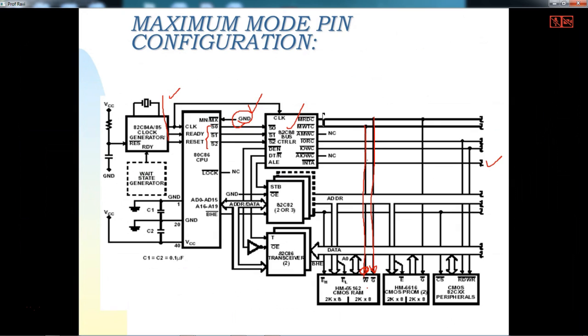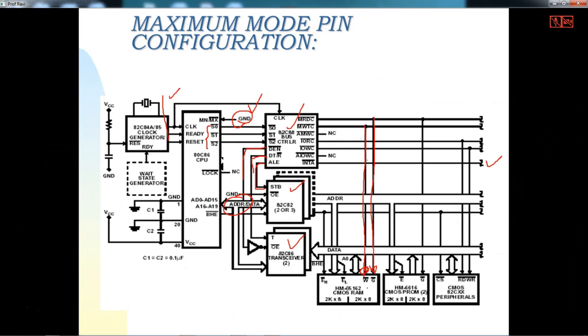In minimum mode, we do this with the help of the other signals. The ALE signal, generated by using this 8288, is connected here. Similarly, data enable and data transmit, these two signals are generated by the 8288 in maximum mode, and they are connected similarly to your transceiver buffers or latches. This will differentiate the demultiplexing.